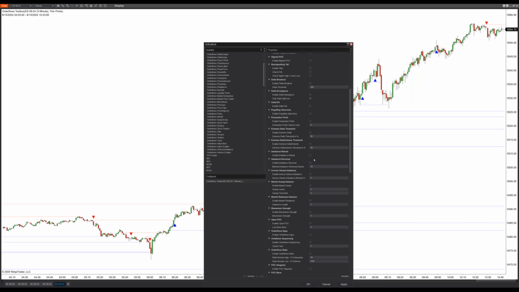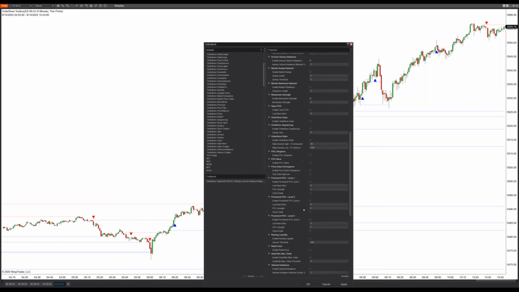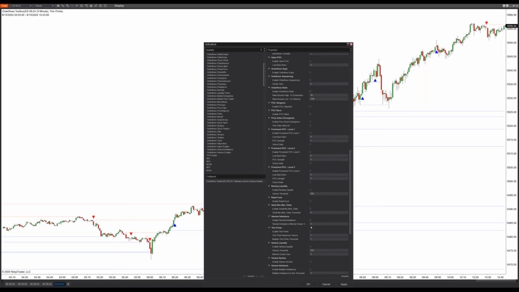If you've looked at order flow long enough, there are probably certain things that you know and like to use. So you just go in and add them, right? Inverse volume imbalance, momentum, okay. What else? Well, add a thin print again. I won't make it 1 though, I'll make it like 5.